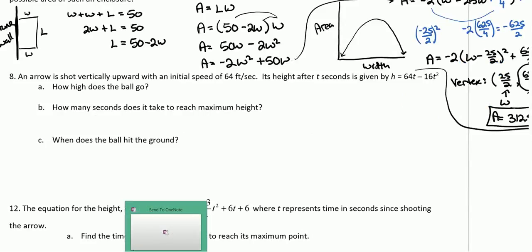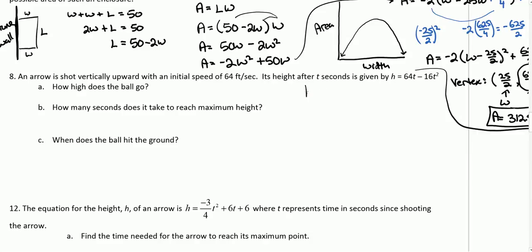Number 8, an arrow is shot vertically upward with an initial speed of 64 feet per second. Its height after t seconds is given by h equals 64t minus 16t squared. How high does the ball go? I'm going to rewrite that equation as h is equal to negative 16t squared plus 64t.